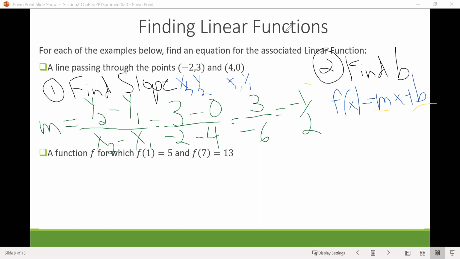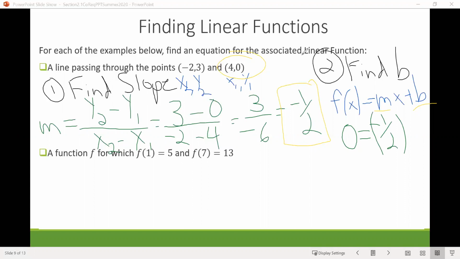Right, we're going to use the slope that we have together with one of our points. And it turns out it doesn't matter which point we use, we'll get the same value for b. I'm going to choose this (4, 0) since there's a 0 in there. And we'll plug that information into the general form. So we plug in for f of x, that's where our output goes, so in this case 0. For m, the value that goes there is the slope, -1/2.